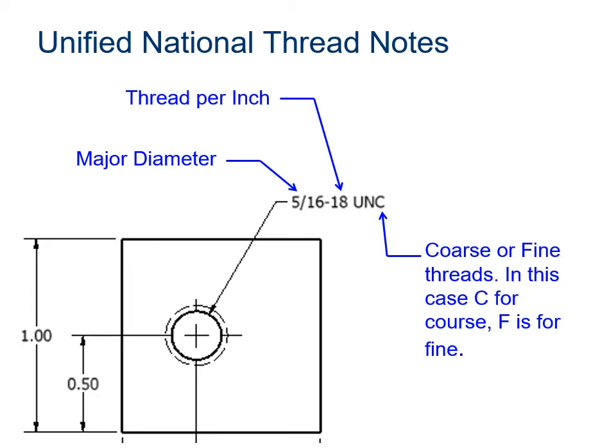You can see again the diameter is given first with the Unified National, and the threads per inch is the second number, and then it always starts with UN, and then C for coarse, F for fine. There's also EF for extra fine. Those aren't as common, but that exists as well.